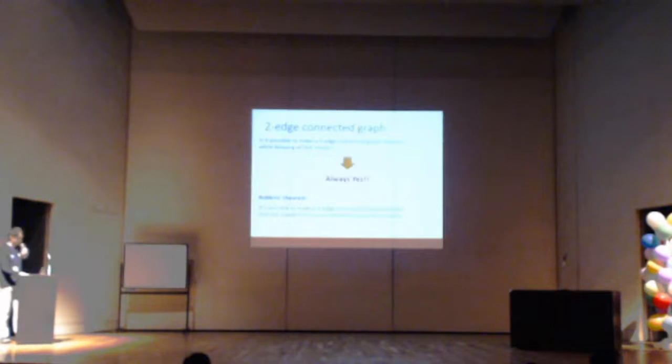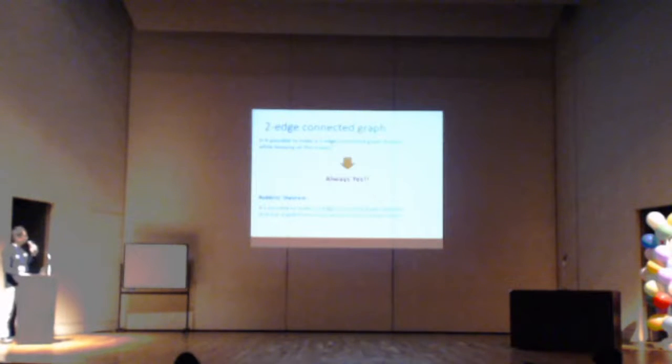So let's focus on a two-edge connected component. The question is, is it possible to make this two-edge connected graph directed while keeping all the necessary moves? And the answer is always yes. Robbins' theorem says that it's possible to make a two-edge connected graph directed so that there is a path from every vertex to every other vertex.